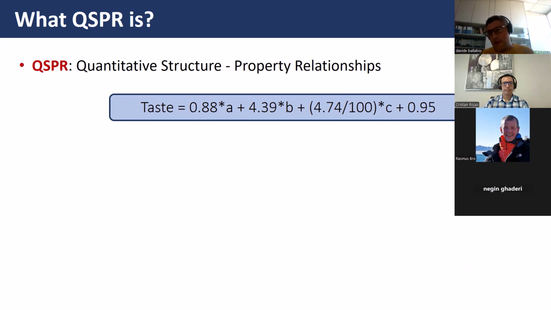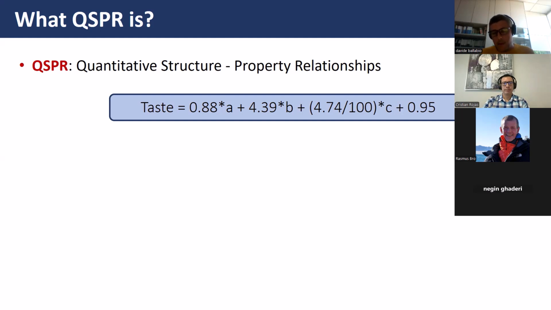Now, this is just an example. This is a linear model, let's say. A, B, and C are three molecular descriptors. It can be, I don't know, the molecular weight, the number of double bonds you have in a molecule, and so on. Just as an example. So these descriptors can be easily calculated by a software in a few seconds.